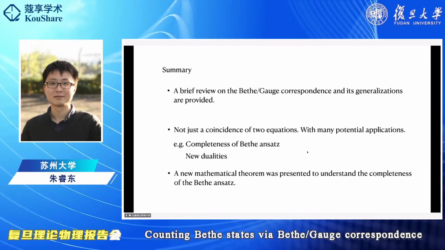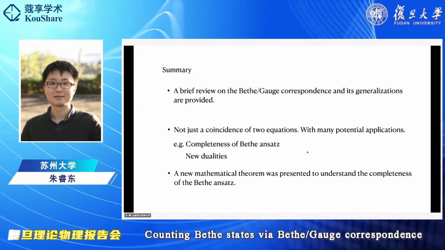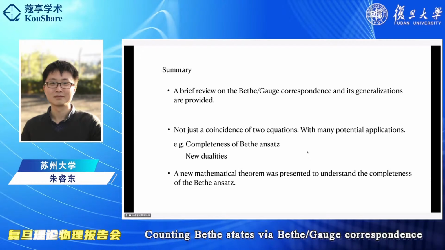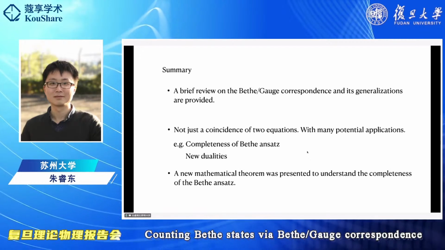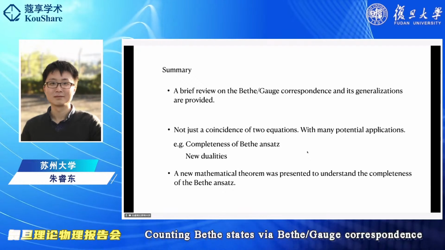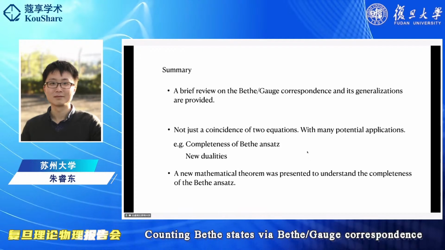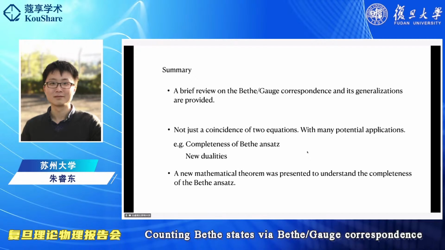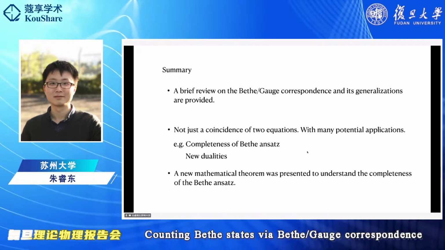Okay, so let me summarize. I reviewed how the Bethe/gauge correspondence works, and I showed you it's not just a coincidence of two equations. It can be quite helpful in the study of, for example, spin chains, by just computing the vacuum of the supersymmetric gauge theory.